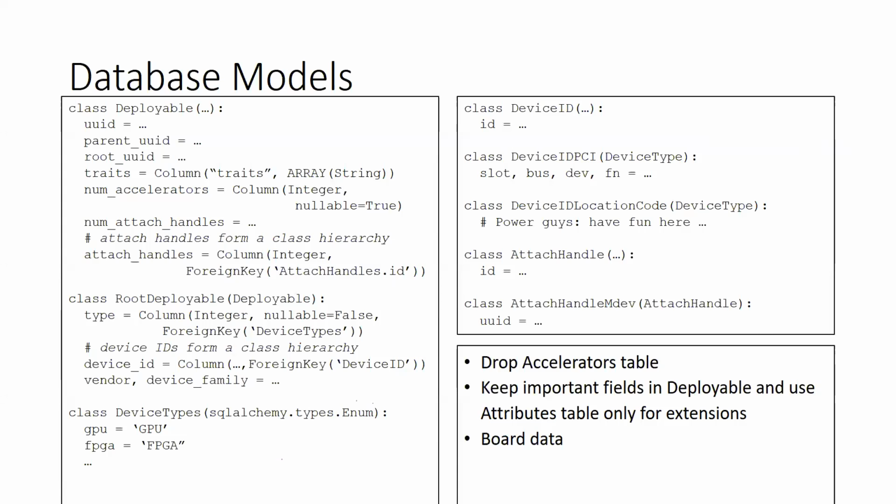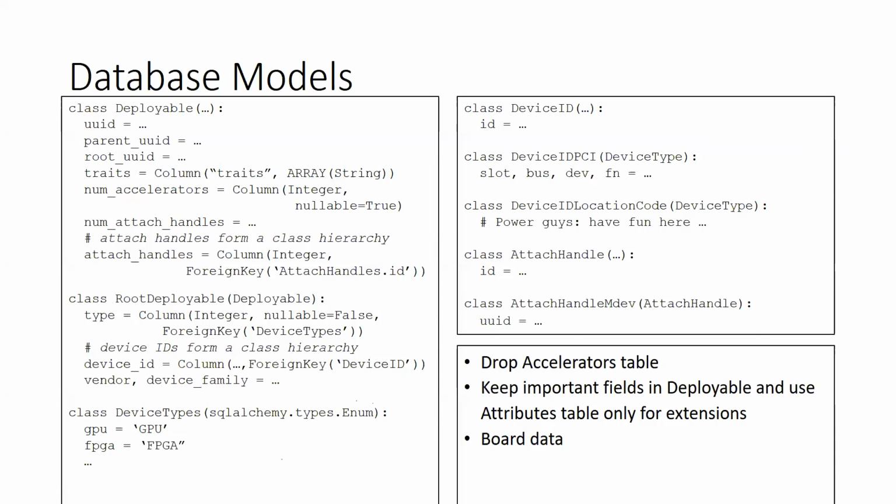Okay. So how do users know, if they ask Cyborg, how many cards have I inserted into a PC or into my cloud? Well, you just count the number of root deployables, right? That's the number of cards you have. Yeah, exactly. Right.